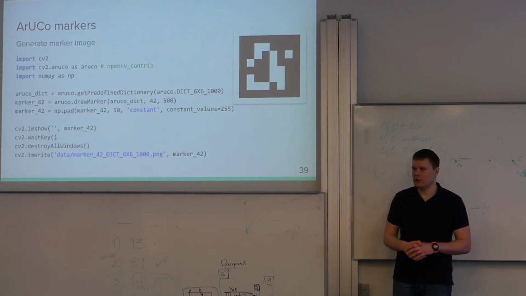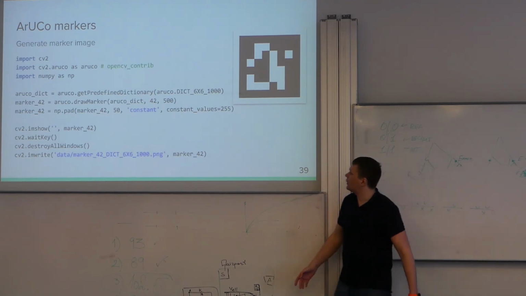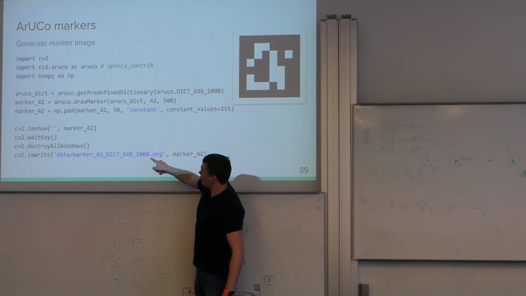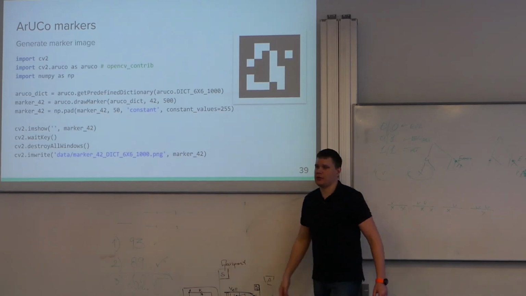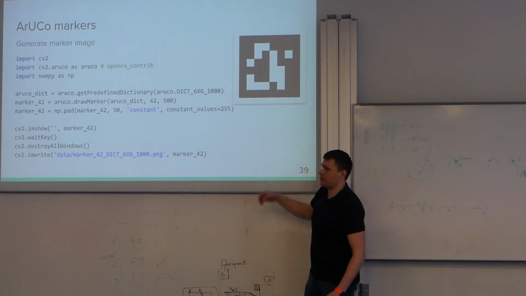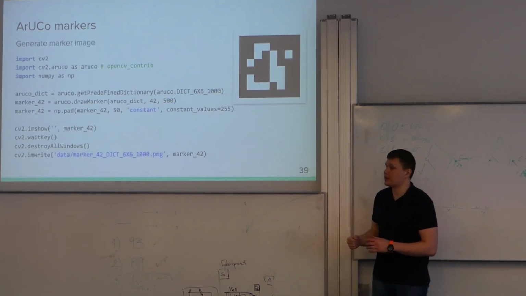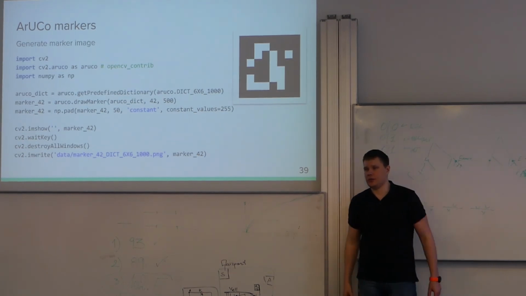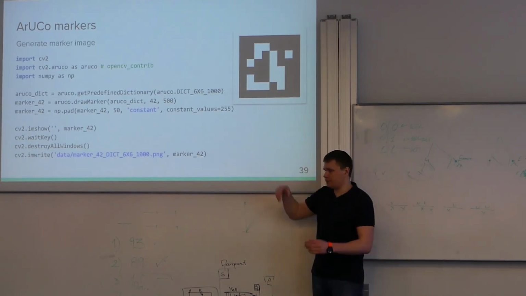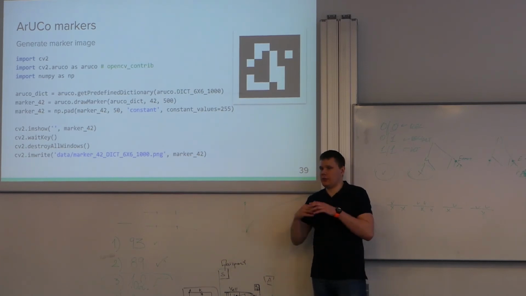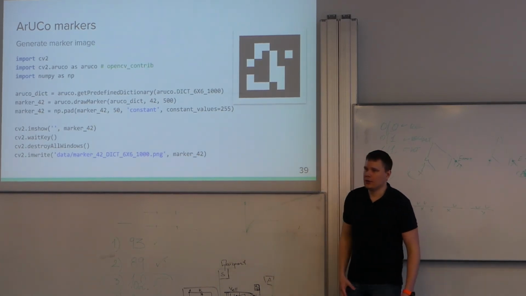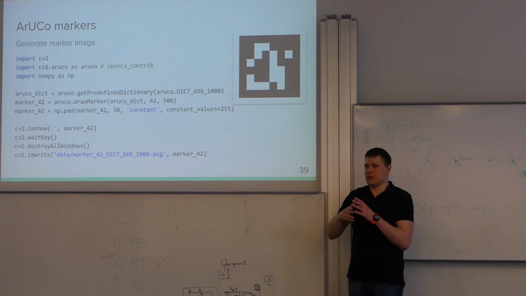What is the identifier space, from 0 to what? It depends on your dictionary. It's called a dictionary here. It's how these black and white squares are translated to this ID. Of course, it has some redundancy, some extra information. Sounds like it's just a number. Yeah, it's just a number.